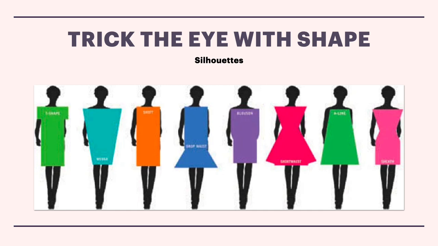The drop waist silhouette camouflages wide waist, but it may create a horizontal that widens the hips. The blousing silhouette enlarges the top of the body to balance wider hips or thighs. It will skim past a wider waist.